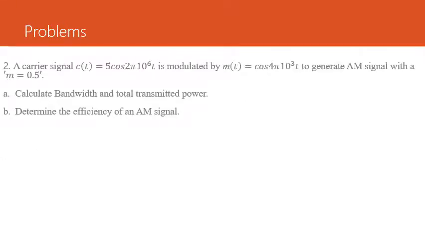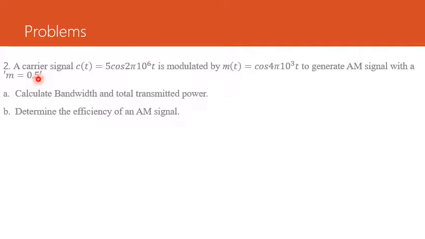Next question, where the carrier signal and the modulating signal are directly given. The second question: a carrier signal c of t equal to 5 cos 2 pi 10 raised to 6 t is modulated by m of t equal to cos 4 pi 10 raised to 3 t to generate an AM signal with m equal to 0.5.